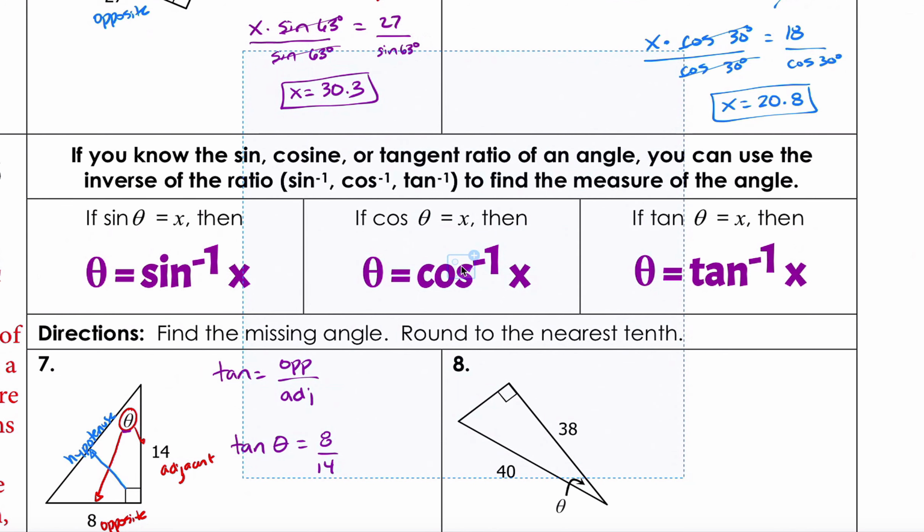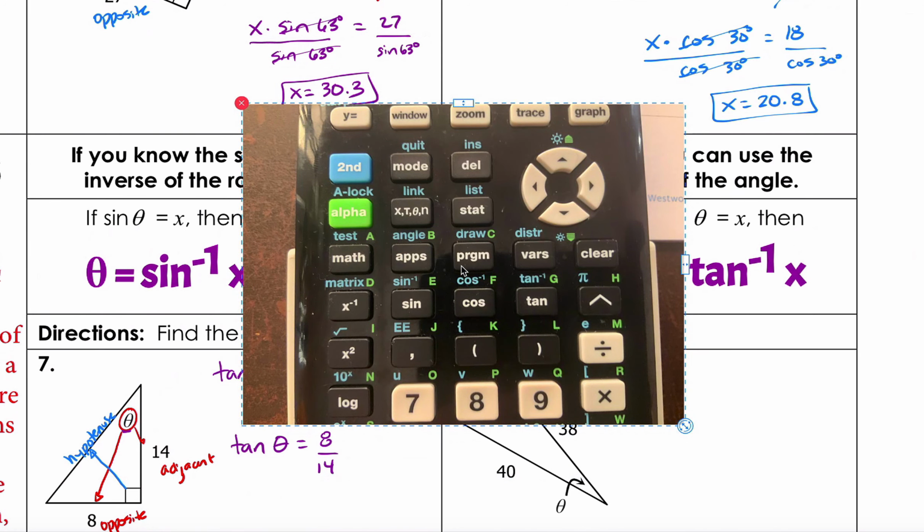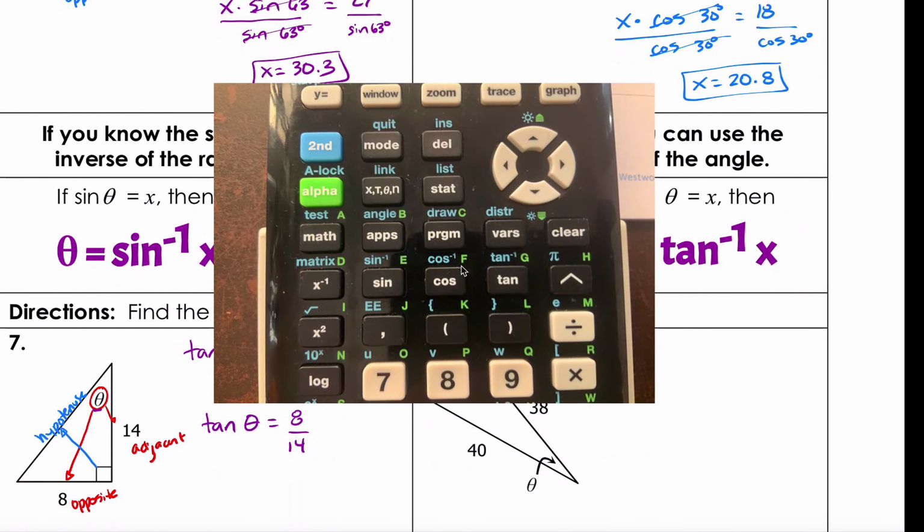If you look at your calculator, you can see that above the sine, there is a sine -1. Above the cosine, there's a cosine -1. Above the tangent, there's a tangent -1. Every calculator is different, but you'll see this on your calculator, and you probably have to hit the second or shift key on whatever calculator you're using.